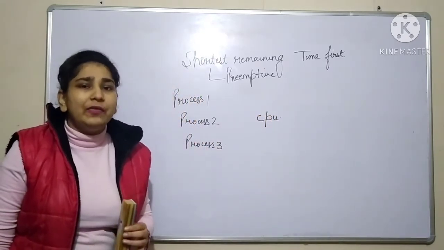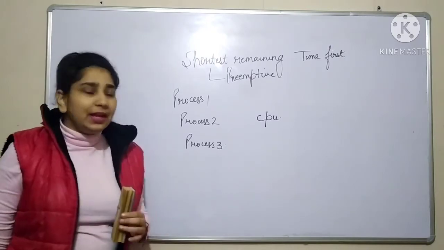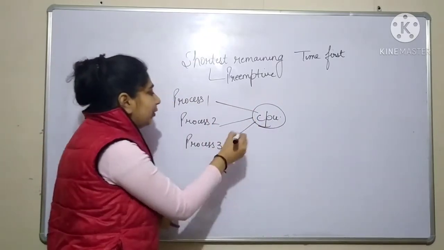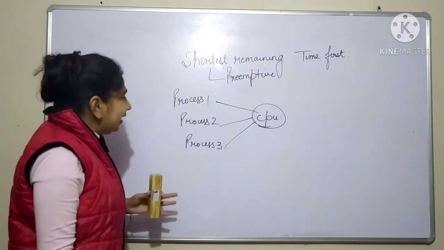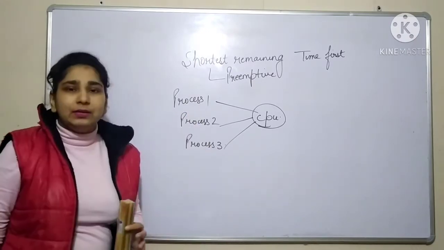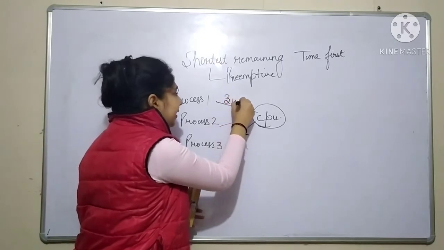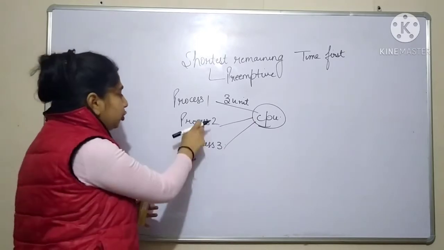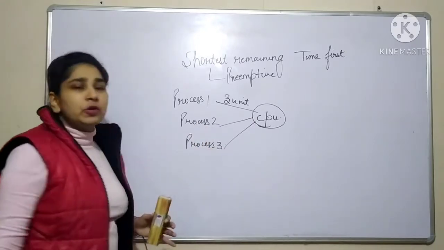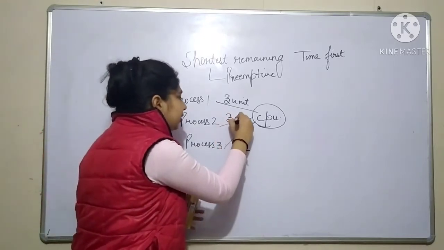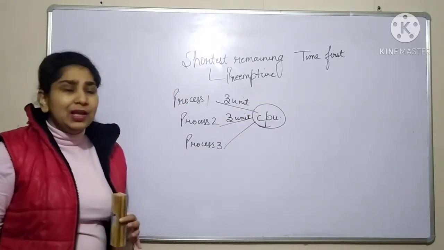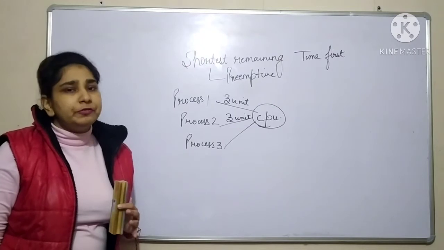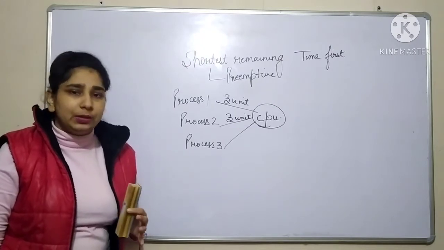In round robin, I give this one CPU to many processes for equal time. Firstly, I give process 1 the CPU for 3 units of time, then I switch my CPU to process 2 and give it the CPU for 3 units of time. So we were sharing our CPU among many processes for an equal amount of time.